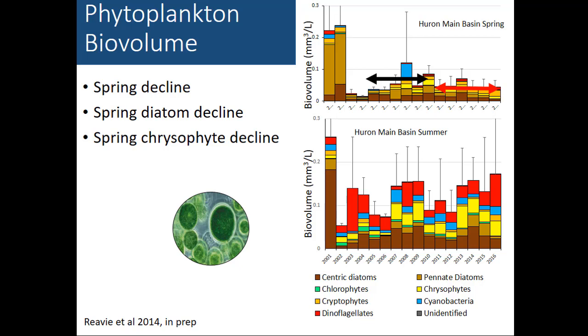We do see a decline in the spring, which is consistent with the increase in silica and increase in water clarity. We see no change in the summer, which is also consistent with no change in water clarity in the summertime.